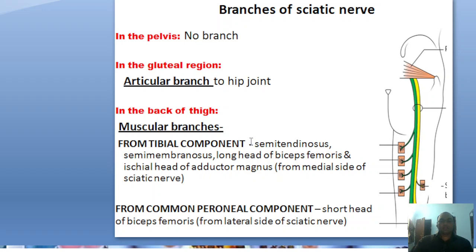So these are the hamstring muscles supplied by the tibial component of the sciatic nerve. From the common peroneal, only a single branch goes to the short head of biceps femoris, from the lateral side of the sciatic nerve. So these are the branches present in the back of the thigh. In the gluteal region, only a single branch, and in the pelvis, no branches.